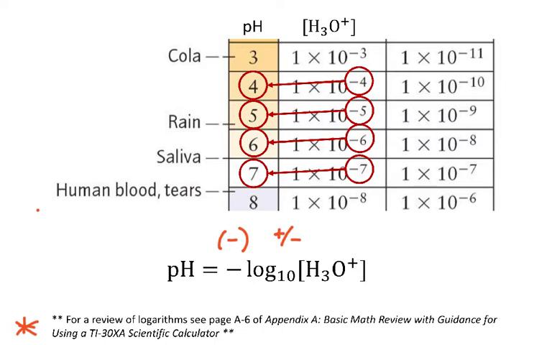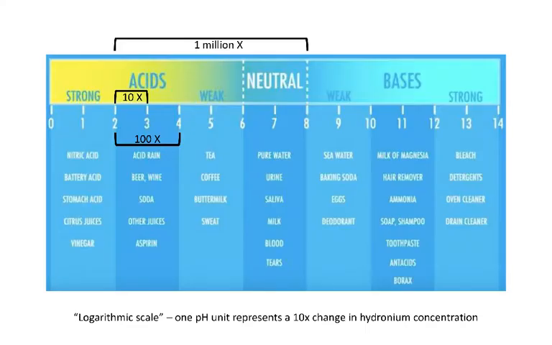Okay, so we could break out from 0 to 14, and if we look at the difference between a pH of 2 and a pH of 3, it sounds pretty small, right? It's just one pH value. But it's what we call a log scale, right? Where actually every step here is a factor of 10 because we're taking base 10 logs.